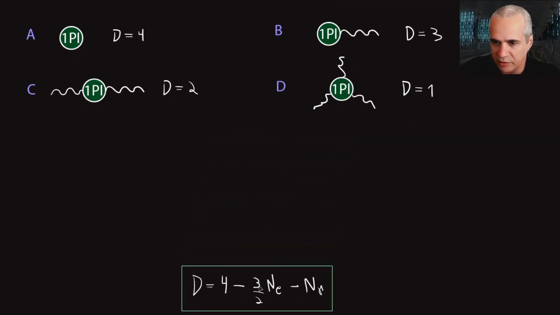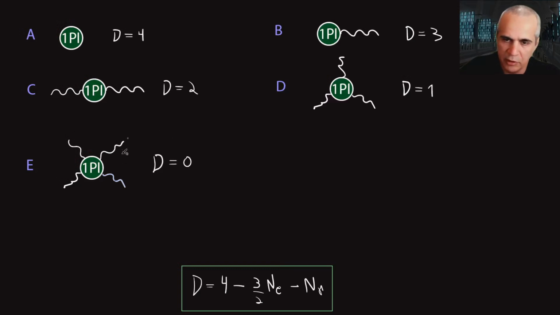Paste it down here. And then we can increase yet another photon leg. Call this one E, and that's what it looks like. For this, D is equal to 0.